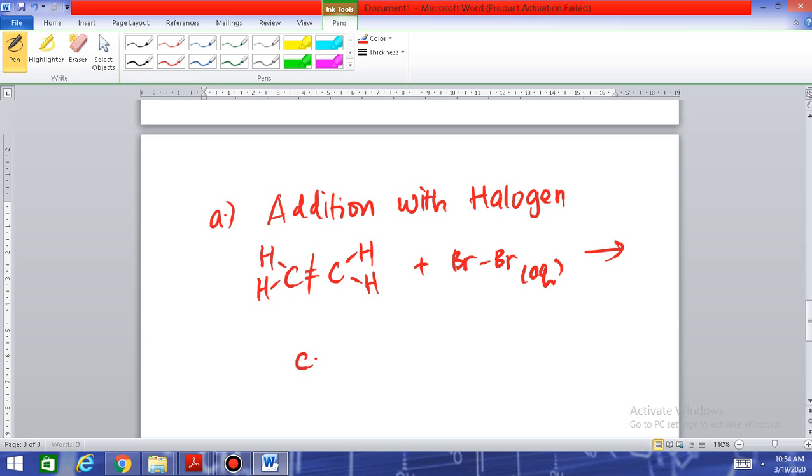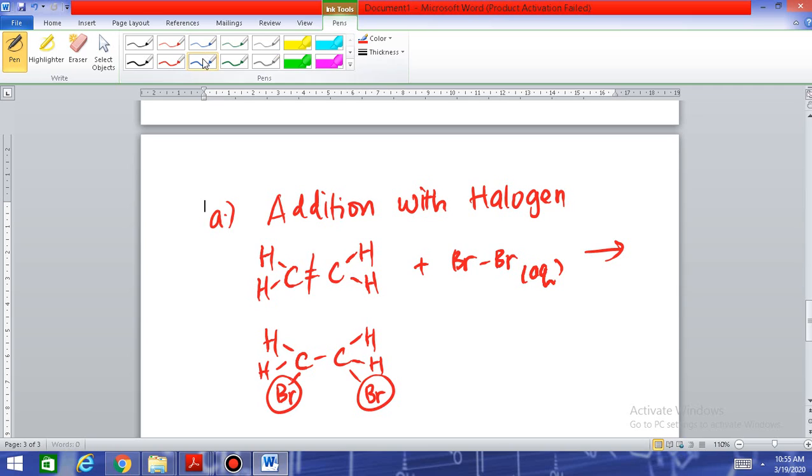The double bond is broken down into a single bond and two bromine atoms are added to carbon atoms. Remember, carbon always has 4 covalent bonds. That's why it forms a single covalent bond with its bromine atom. Okay, so 1, 2, 3, 4. Now carbon has 4 covalent bonds.